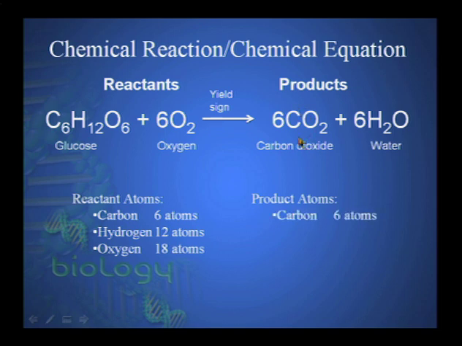So again, here I have 6 carbons because there are 6 carbon dioxides. Again, we have 12 hydrogens. H2 times 6 is 12 hydrogens. And 18 oxygens, so we have O2, but 6 of those, plus 6 oxygens that are in the water, for a total of 18 oxygens. So again, this is one that was actually written correctly.